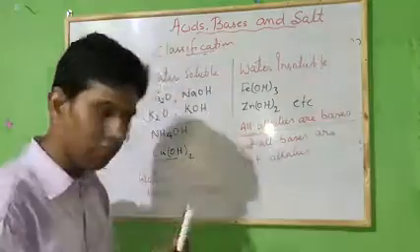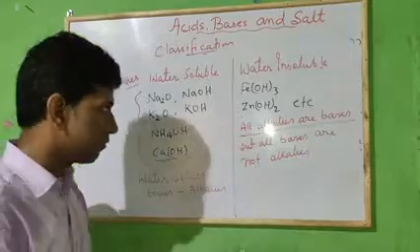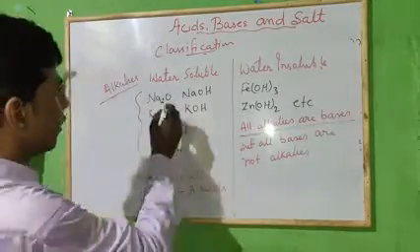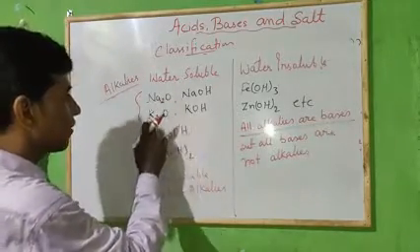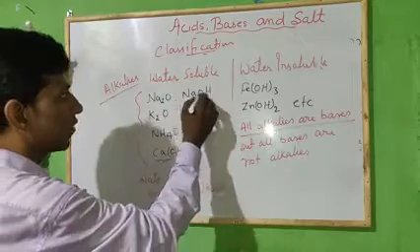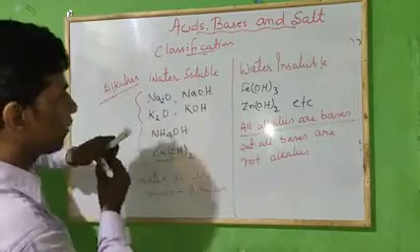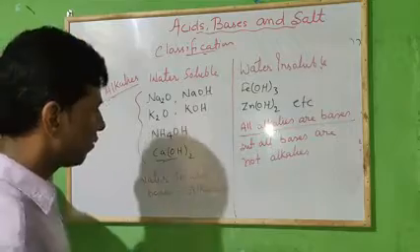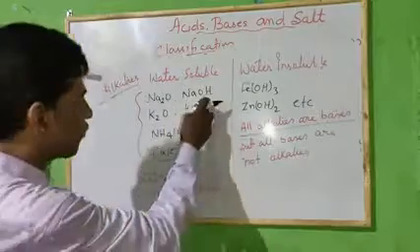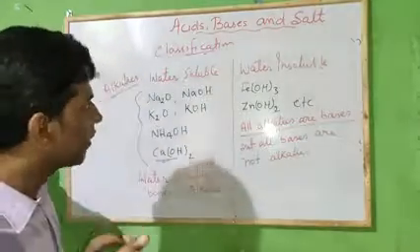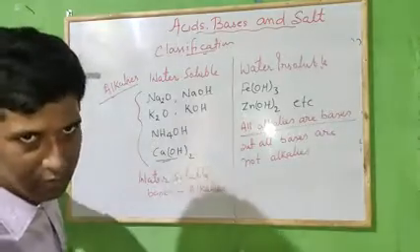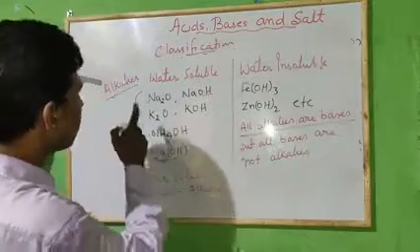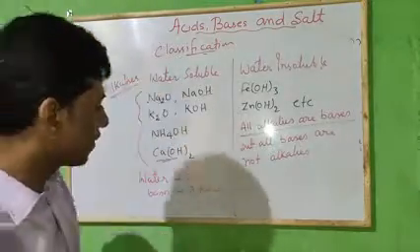Clear? Again I am trying to explain a very important thing. This is the oxide of a metal, this is the hydroxide of a metal. If the hydroxide or oxide of a metal is there, then such chemical substances are bases, and if they are also water soluble, then they are alkalis.